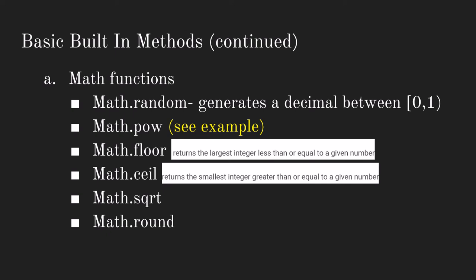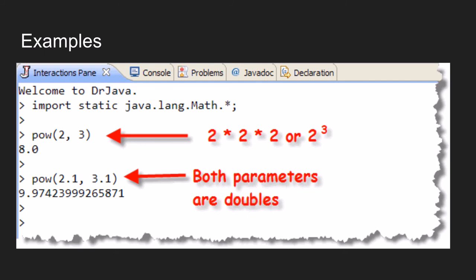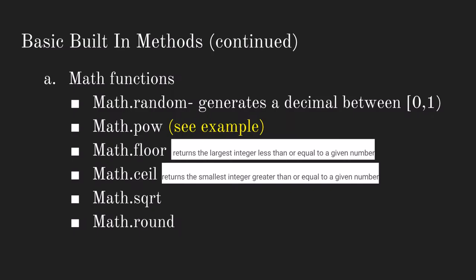And there's math.pow, which generates a number, so the first number inside the parameters would be the base, and then this would be the exponent, so this would result in a value of 8. You can also put in doubles, so the base 2.1 to the 3.1, that would be approximately 9.97.